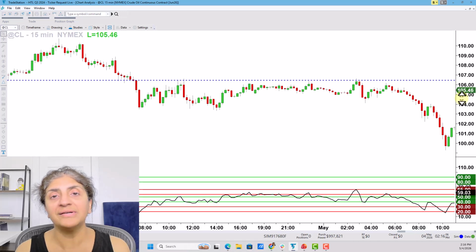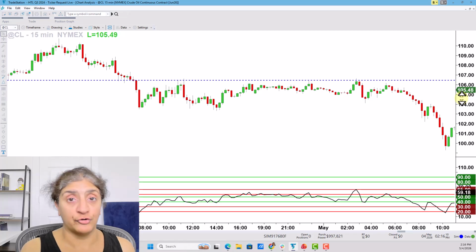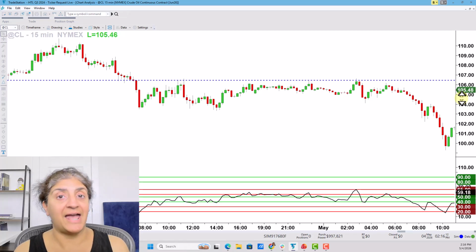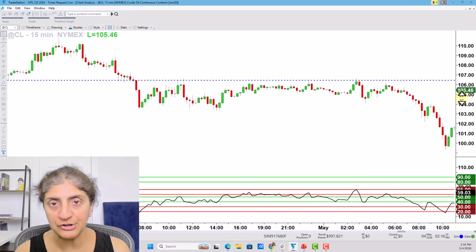This is just one instance of this, but if you can understand why your supports revert to or flip to resistance, and it works vice versa, if it was resistance, why it flips to support, the same reason, it gives you more confidence to trade the support and resistance levels that you see on your chart that you identify. Because whether you're newer to trading, you've been doing it for a while, you can physically see, right?